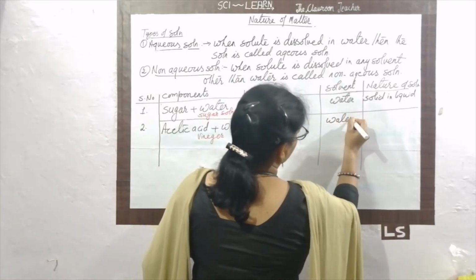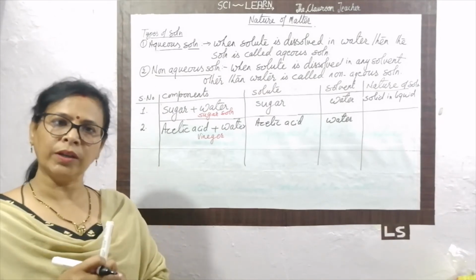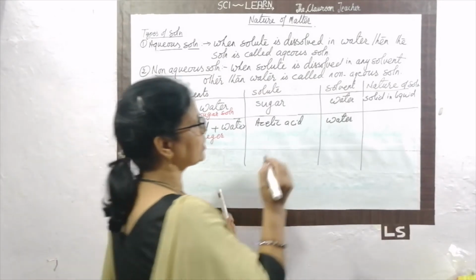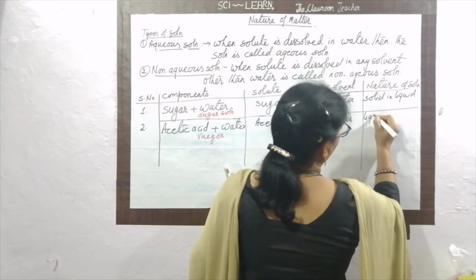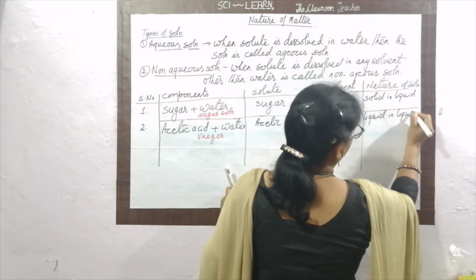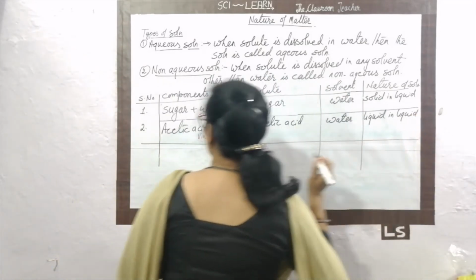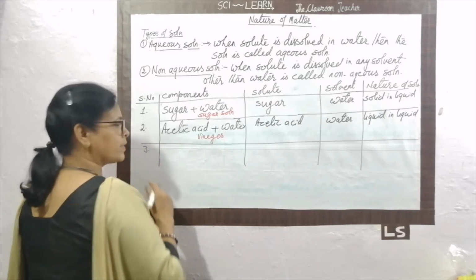Water. It means it is an aqueous solution. Acetic acid is a liquid, water is also a liquid. So this is called liquid in liquid. Let's move towards a few more examples.